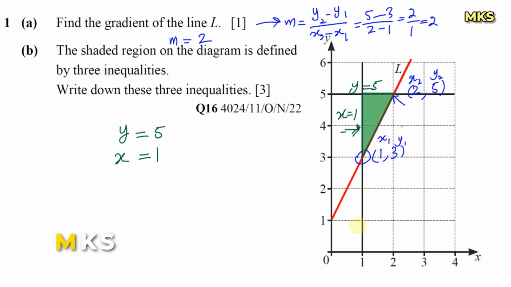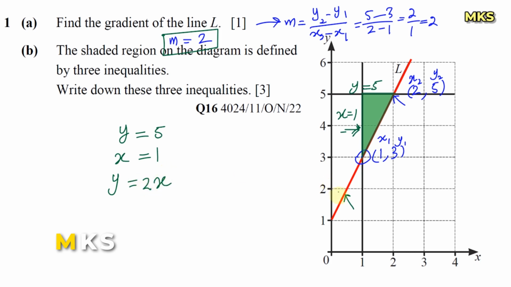And the third one is the inclined line L, whose gradient we were asked to find in part A. The gradient was 2. So the equation of the third line will be y is equal to 2x plus c.